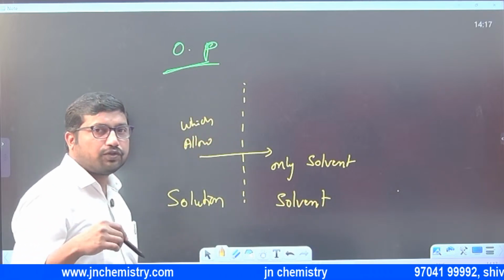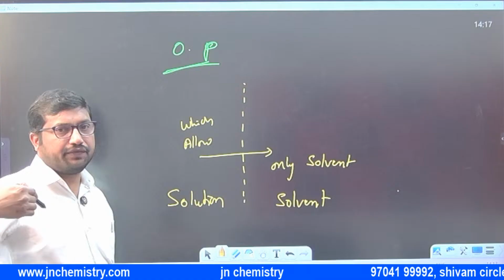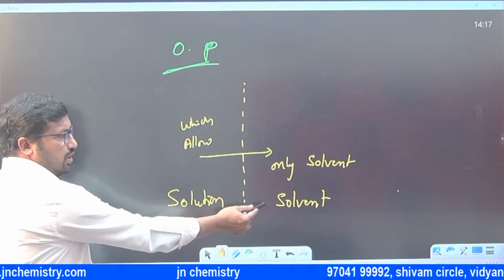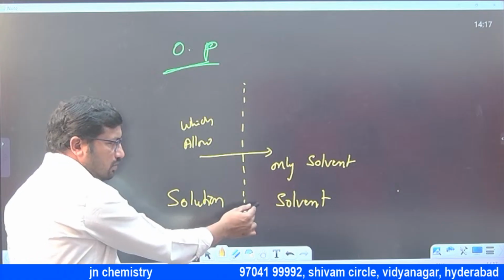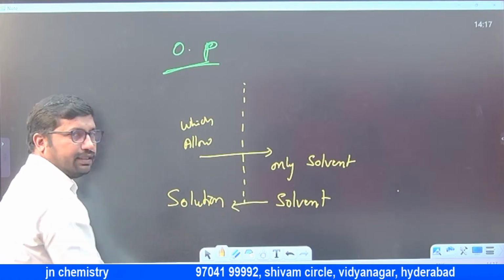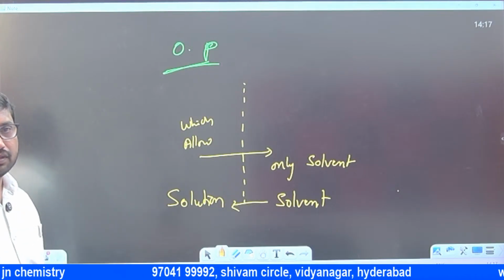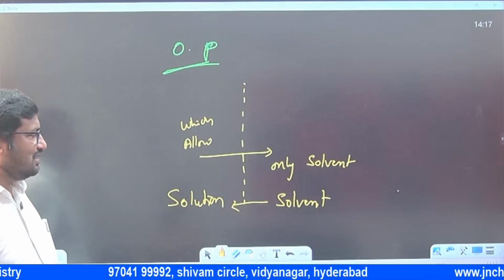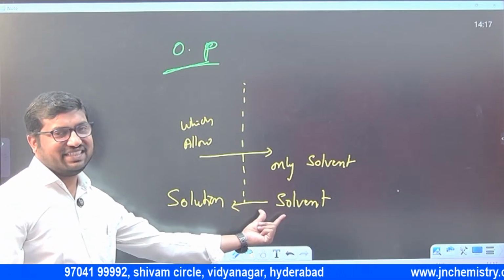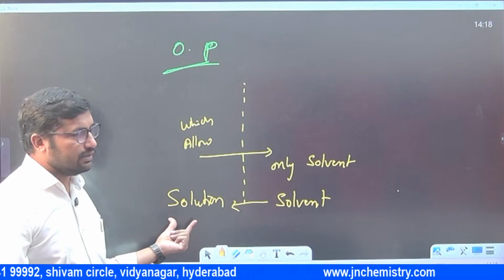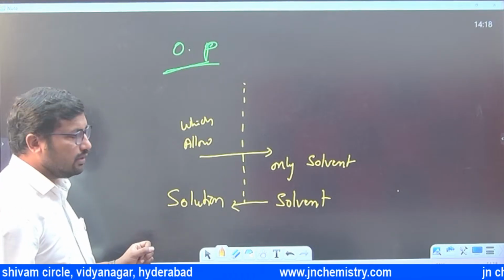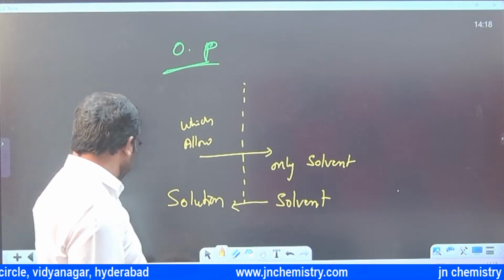Always solvent moves from high solvent region to low solvent region. So here is only pure solvent, here is solution, meaning solute plus solvent. So now the solvent moves this side. Got it? Because here is more solvent, here is less solvent.